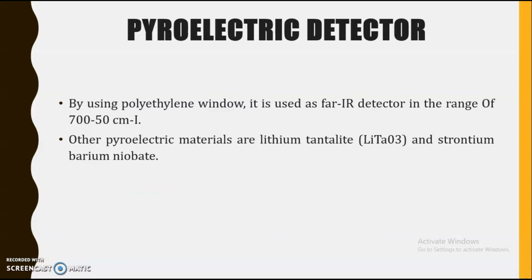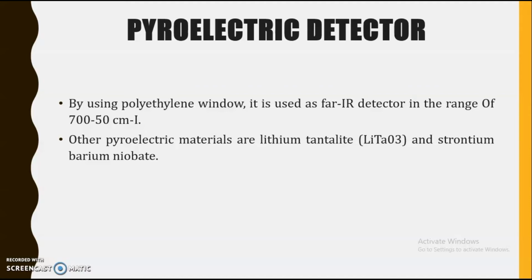By using a polyethylene window, it is also used as a far IR detector in the range of 700 to 50 cm⁻¹. Other pyroelectric materials like lithium tantalate and strontium barium niobate can also be used for the construction of this pyroelectric detector.